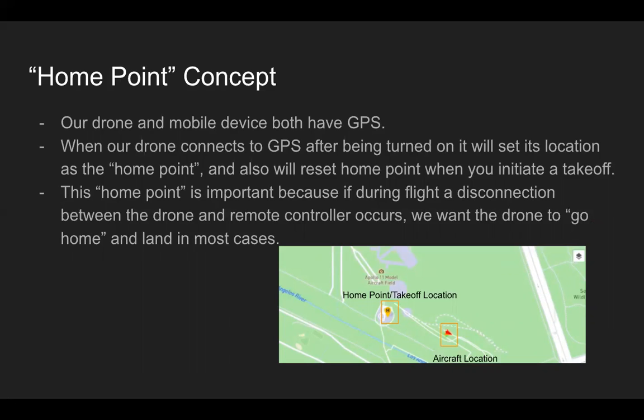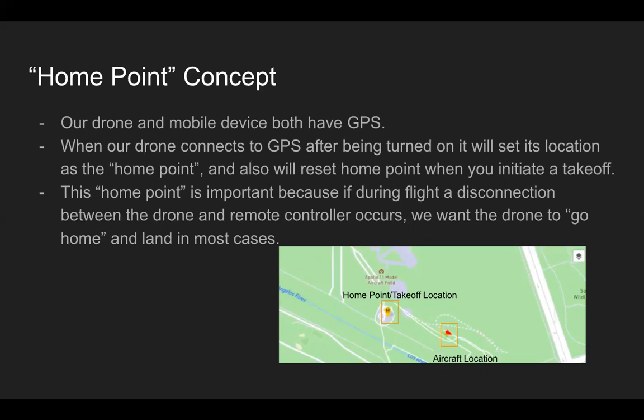So when our drone connects to GPS after being turned on, it's going to set its location as the home point, and it will also reset that home point when you initiate a takeoff. So if I turn the drone on and it's by me, connects to GPS, it gets a home point. If I put it down at a takeoff location and spin up the props, it's going to set another home point location, and you'll hear the application say home point set. You've probably heard that so many times, I can't even remember the exact wording, but you get the idea.